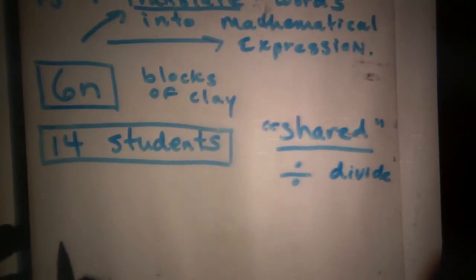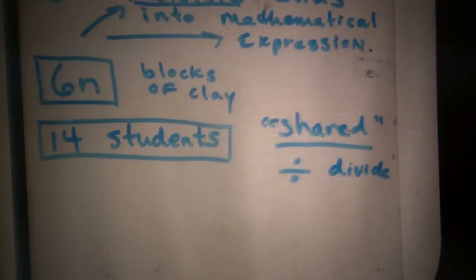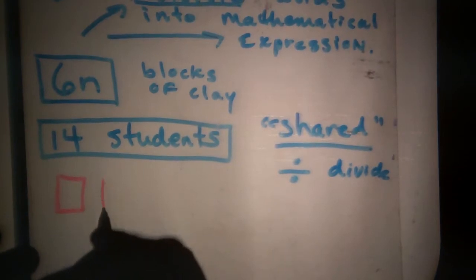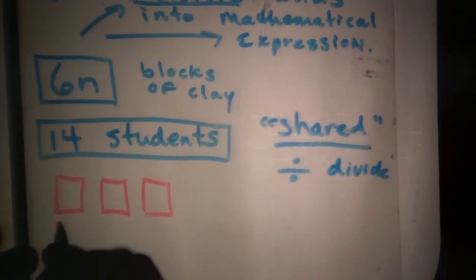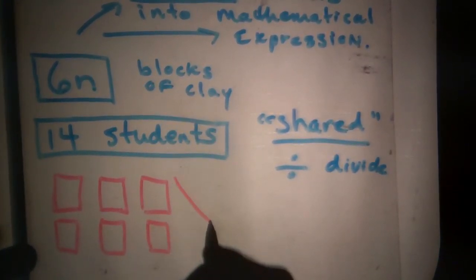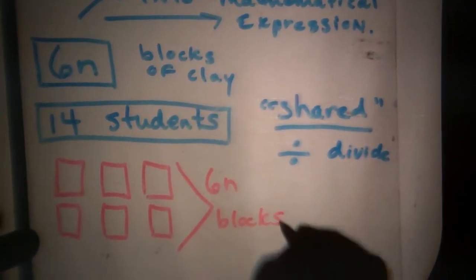Now let's do a visual on this. Let's draw our 6 blocks of clay. And this represents 6n blocks of clay.